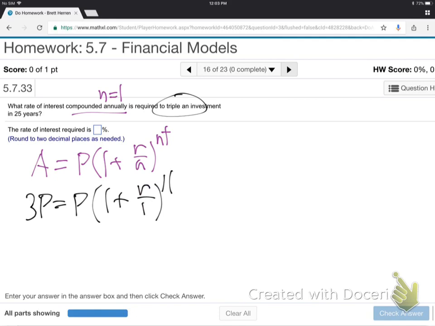N is 1, 25 years. So the first step to solve that is to divide off that P.